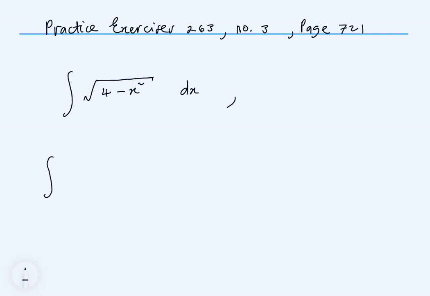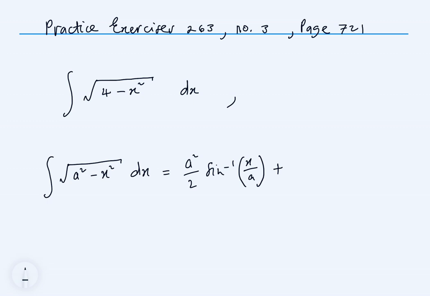The integral of the square root of a squared minus x squared with respect to x is equal to a squared divided by 2 multiplied by the inverse sine function of x over a, plus x over 2 multiplied by the square root of a squared minus x squared, plus c.